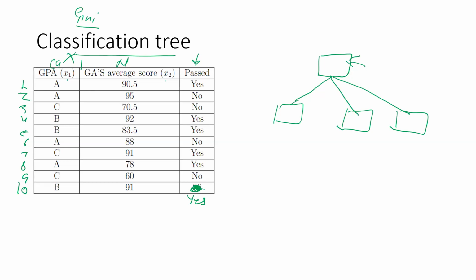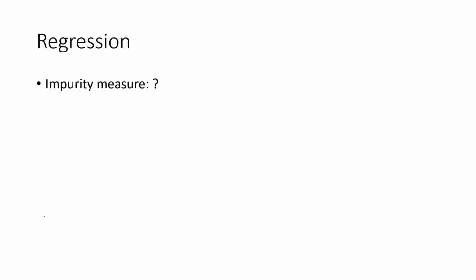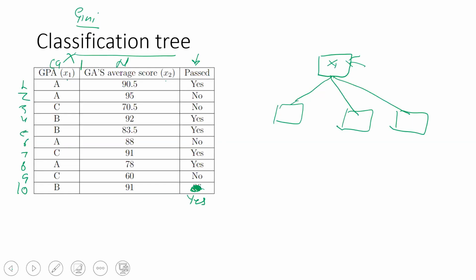Okay, so if I split according to X1, what are going to be my child nodes? It will be if it is A, if it is B, if it is C. If it is A, what examples belong to this node? This one, this one, this one, and this one. So 4 examples belong to this node. How many belong to yes? 1 and 2.